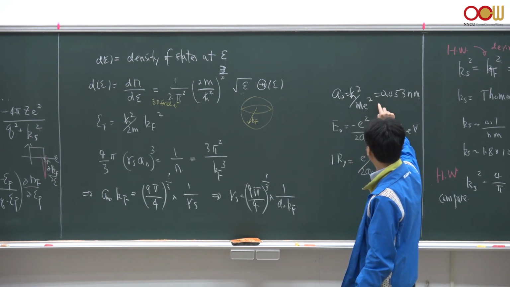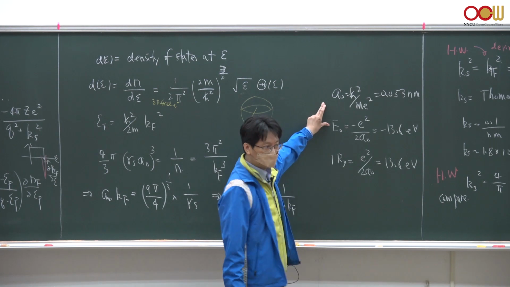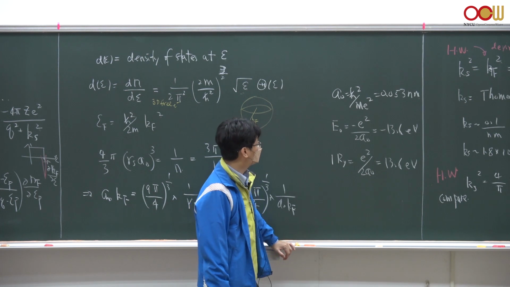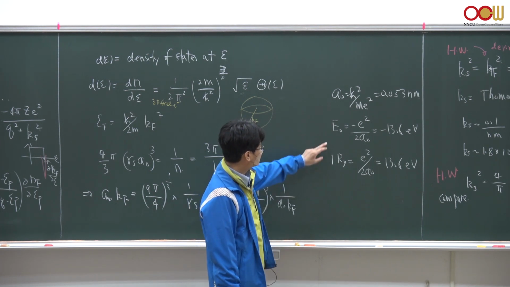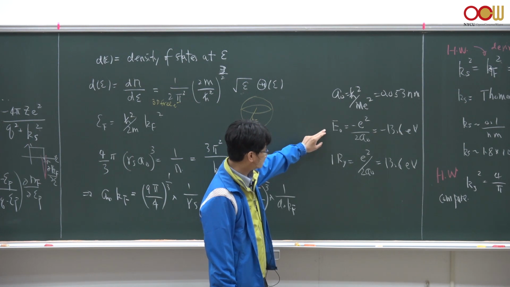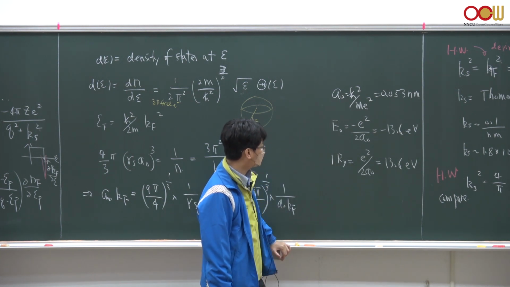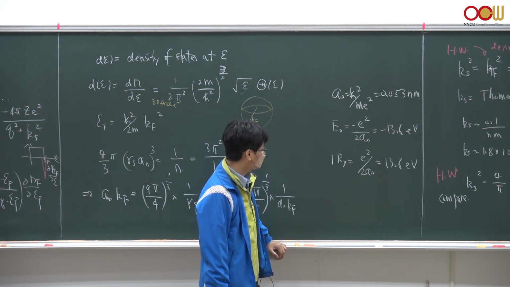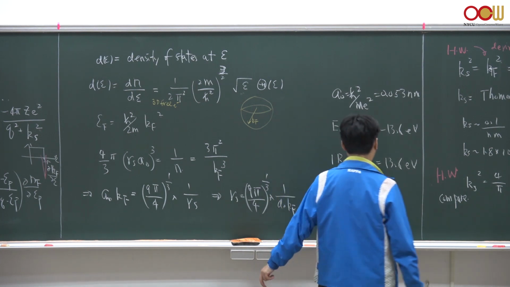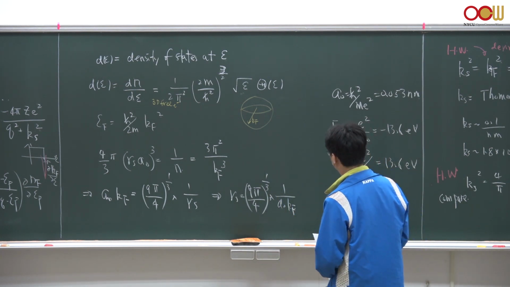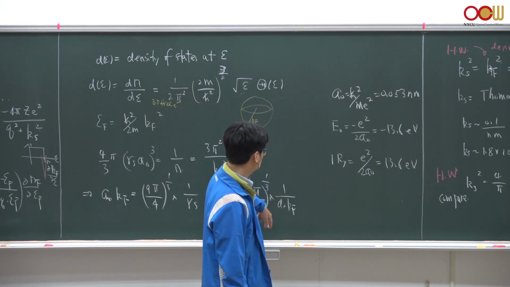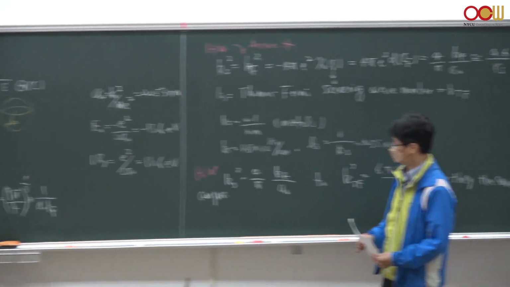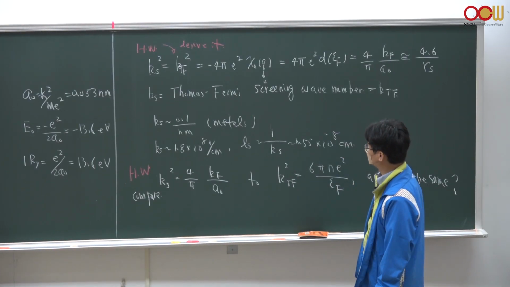So now we could just plug in all these conventions in solid state, which is this a0 Bohr radius and this ionization energy minus 13.6 electron volts, and also 1 Rydberg, which is e squared over 2a0, which is plus 13.6 electron volts. So we could estimate this density of states by plugging in these constants.